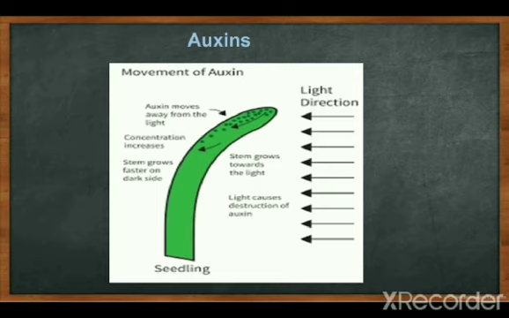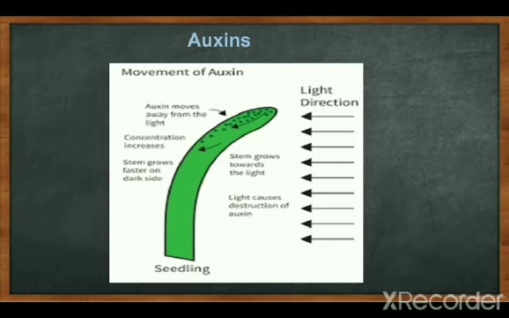Next, auxin produced at the stem tip is translocated to the dark side, causing more growth of the stem on the dark side. Therefore, the stem bends toward light. Suppose we keep a plant in a dark room and make a hole through which some sunlight comes in.